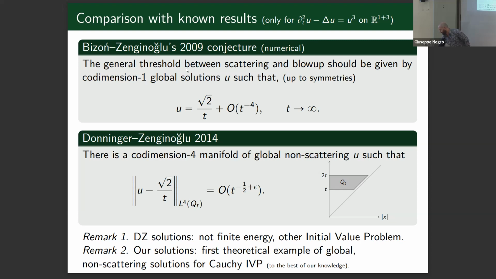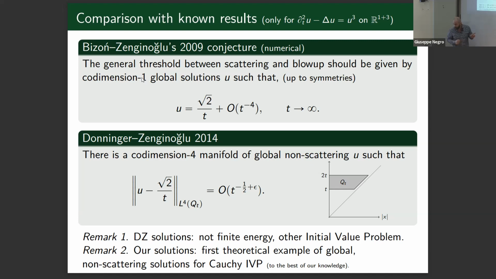You see that the conjecture is not a precise conjecture, it's more of a numerical observation. But still, they say that this threshold between scattering and blow up should be given by a codimension 1 manifold of global solutions. They don't say in which topology. A codimension 1 is like a barrier you cross of global solutions which look like this.